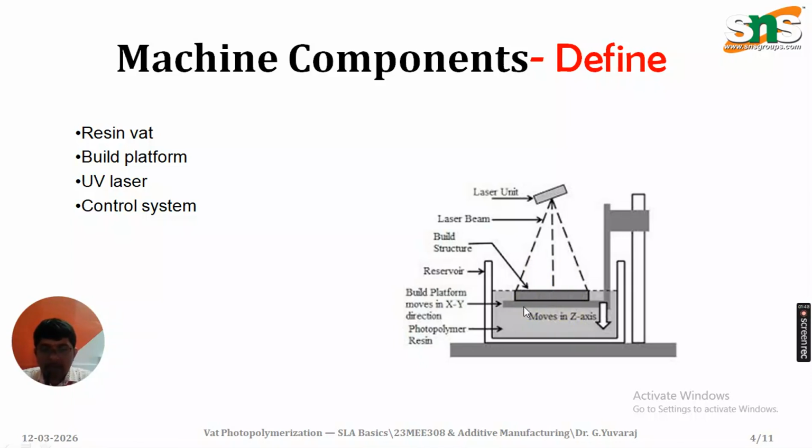The build platform moves in the XY direction, while the reservoir and the laser beam are totally controlled by the control system. With the UV laser, we can either increase or decrease the intensity of the laser according to customization. This is how the machine components work with wet photopolymerization.